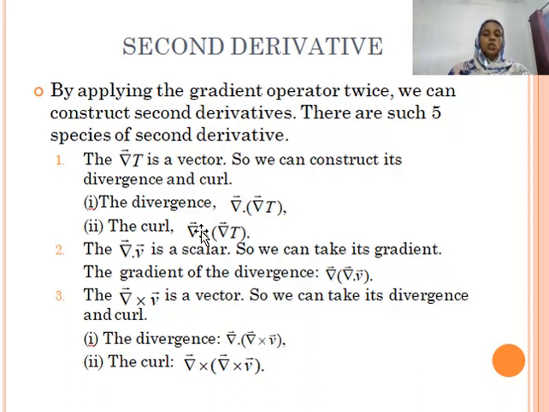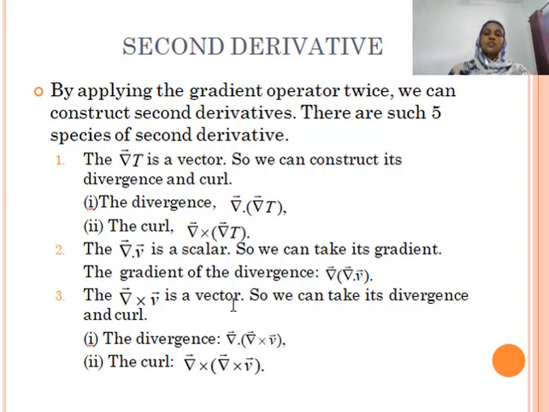Similarly, del cross gradient T. Del dot V is a scalar. The divergence of a vector function is a scalar, so we can take its gradient. The gradient of the divergence, gradient of del dot V, is also another second derivative.